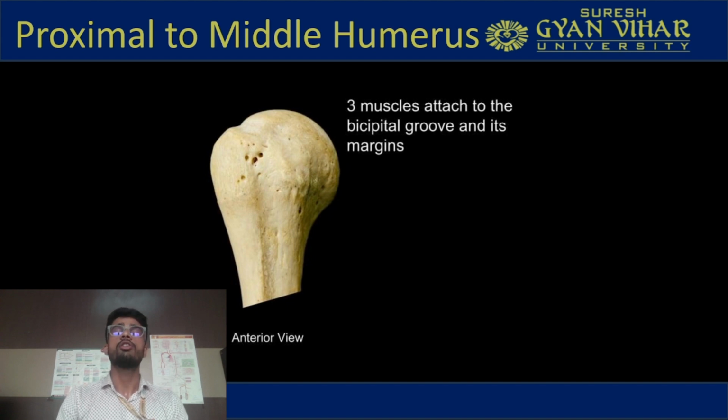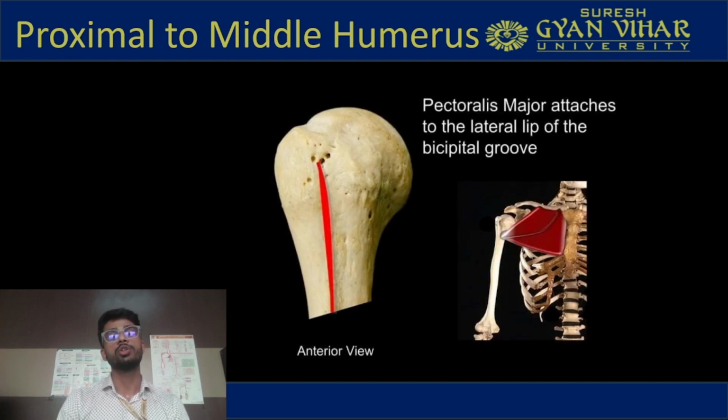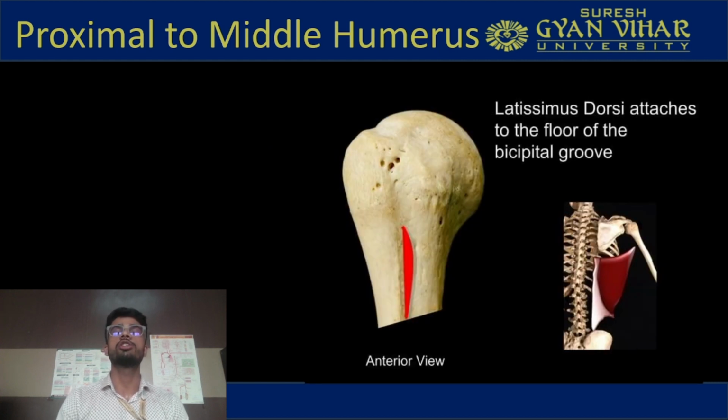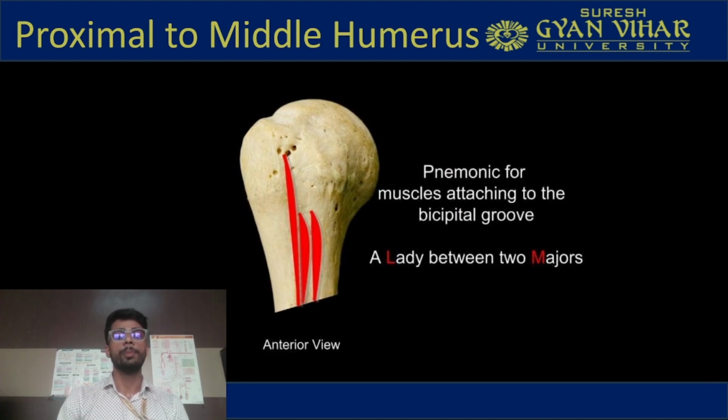Now three muscles also attach to the bicipital groove. As you can see, this is the bicipital groove and its margins. The pectoralis major muscle attaches on the lateral lip of the bicipital groove, and the latissimus dorsi muscle attaches to the floor of the bicipital groove. There is a mnemonic: a lady between two majors, because latissimus dorsi is present between the two major muscles.